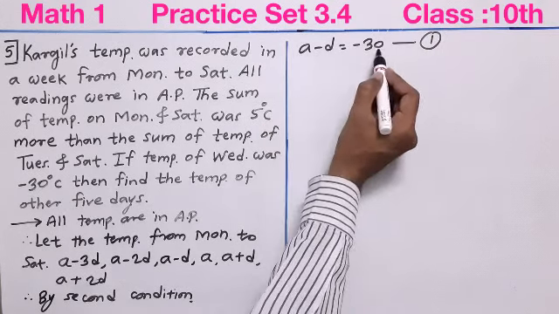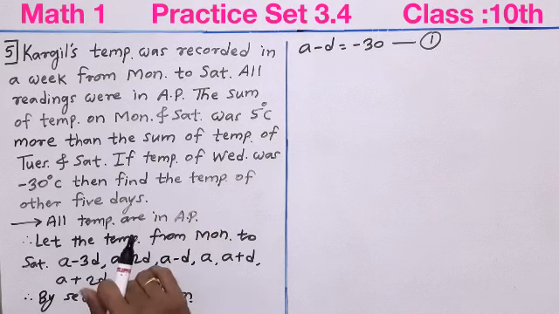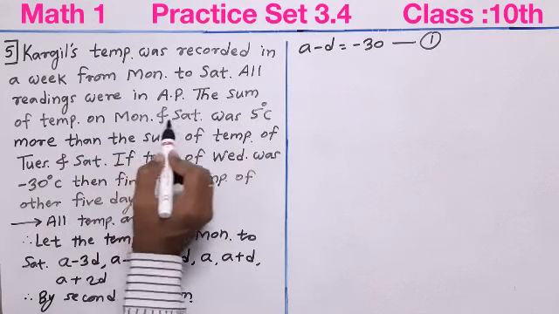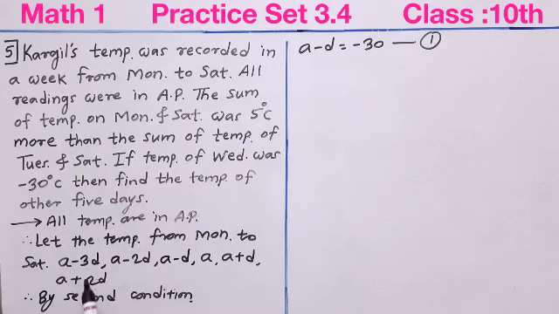Now, the first condition that we are going to use, let us read it. The sum of the temperatures on Monday and Saturday. Sum means their addition: A minus 3D plus A plus 2D. This is the sum of temperatures of Monday and Saturday. Was means you can give the equal sign here.